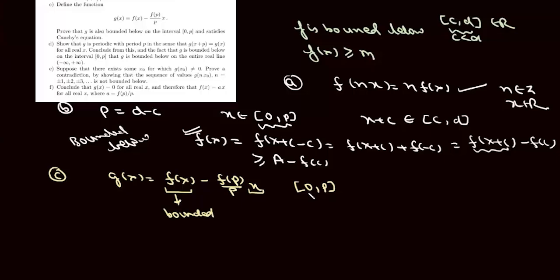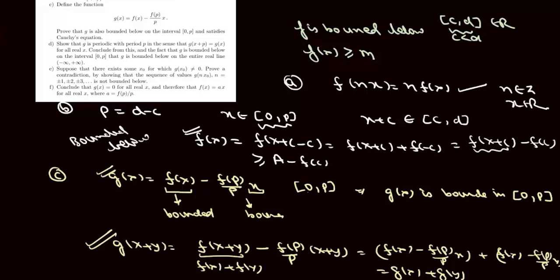Now this x lies between 0 and p, so this constant f(p)/p into x is also bounded. So in this interval 0 to p, this function g(x) is bounded, using Cauchy's additive equation.